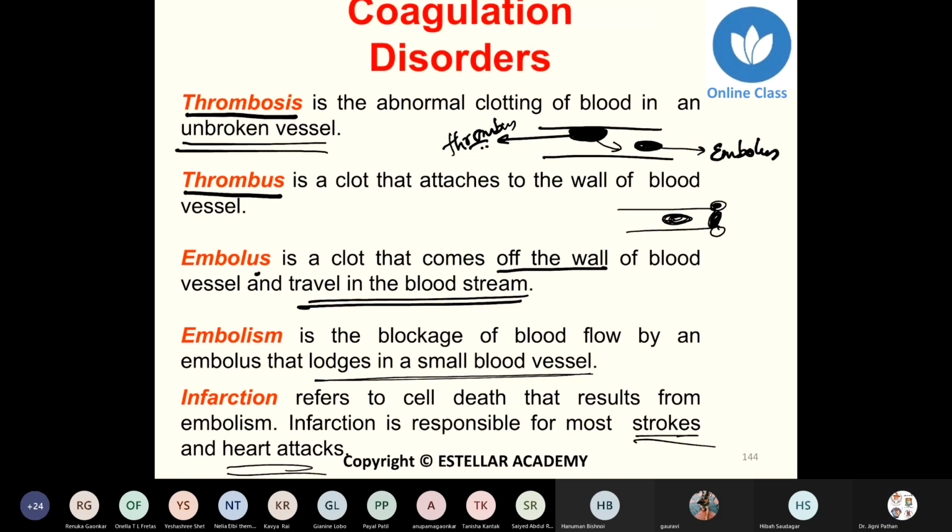Okay. So, Hiba, which one do you want me to show? Which slide? Okay, fine.